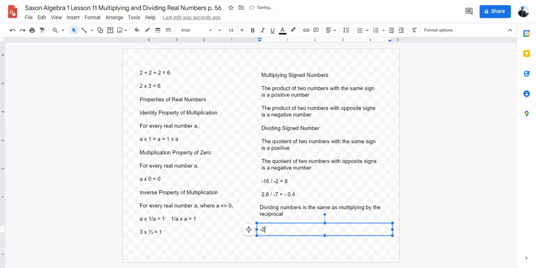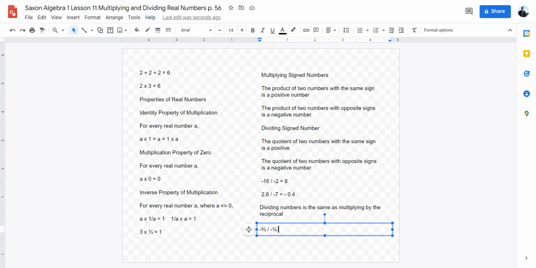If we have negative 2 over 3 divided by, and I don't have a good divided by symbol, so I'm just going to use that slash there to show divided by. But keep in mind that if you look in your book, you'll see the divided by symbol there, maybe a little more clearly. Divided by negative 3 over 4. So negative 2 over 3 divided by negative 3 over 4.